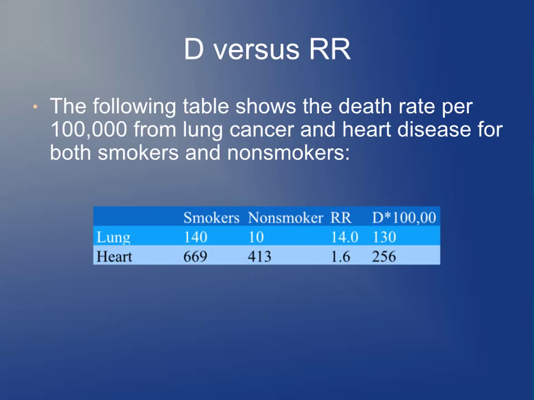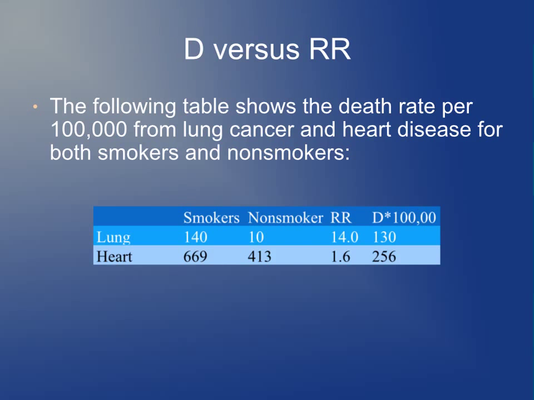Why does this difference matter? Well, here's an illustration of the risk difference versus the relative risk. This table shows the death rate per 100,000 from lung cancer and heart disease for both smokers and non-smokers. Among smokers, there were about 140 people per 100,000 who got lung cancer versus 10 among non-smokers.